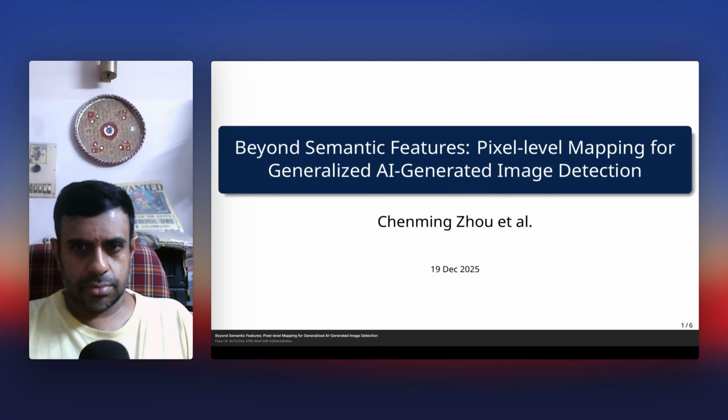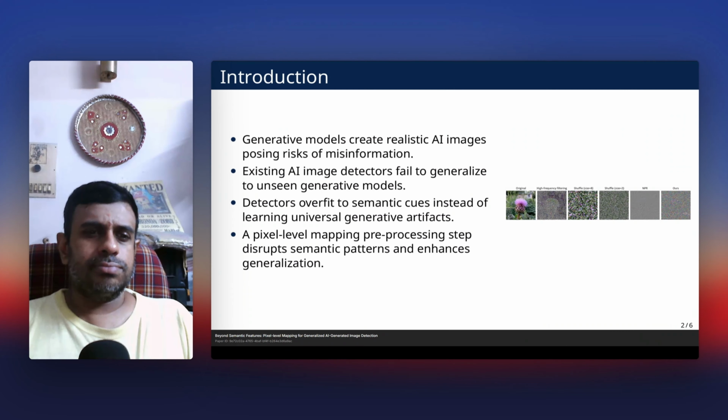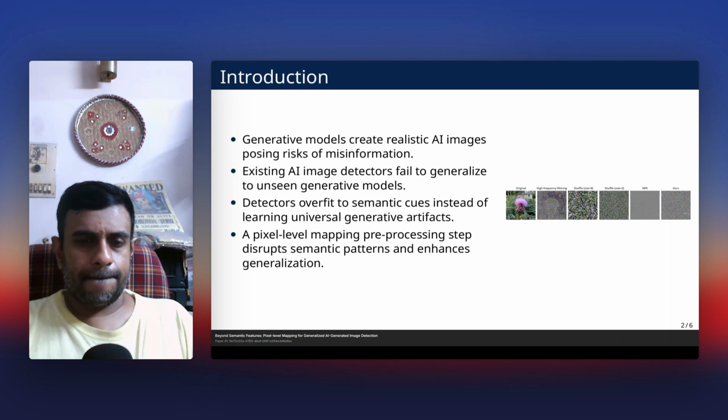Let's begin by understanding the problem this research addresses. The rapid advancement of generative models has led to AI generated images that are nearly indistinguishable from real photographs. While beneficial for creative applications, this advancement poses societal risks due to the potential for misinformation and the erosion of evidentiary reliability.